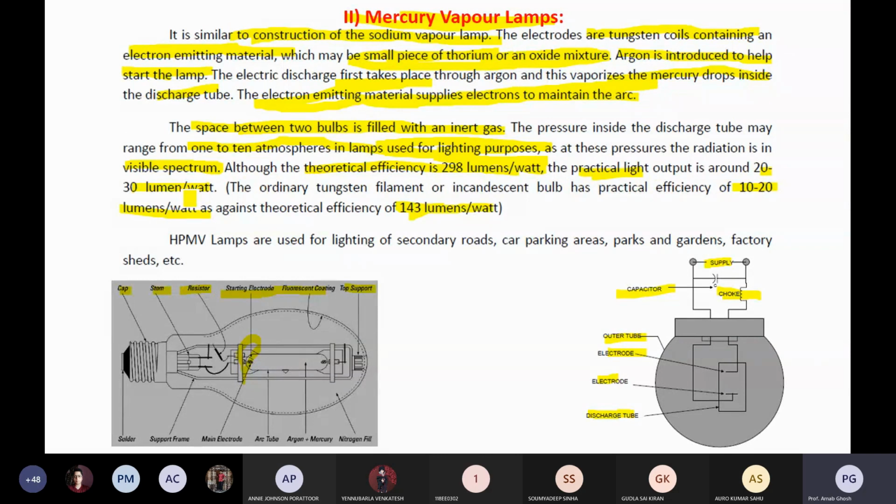Basically it happens because of the natural properties of those lamps, that's why it is going to be less. Okay, so HPMV lamps are used for lighting secondary roads, car parking, parks, gardens, and factory sheds, etc. So you can understand, while it is implemented in different public areas, we are using mercury vapor lamps.